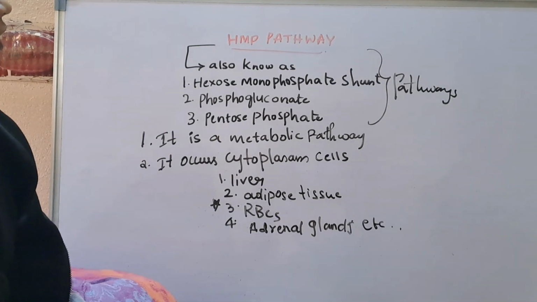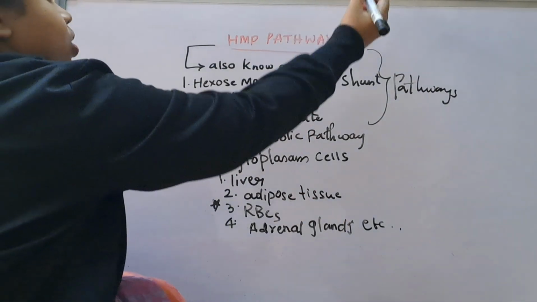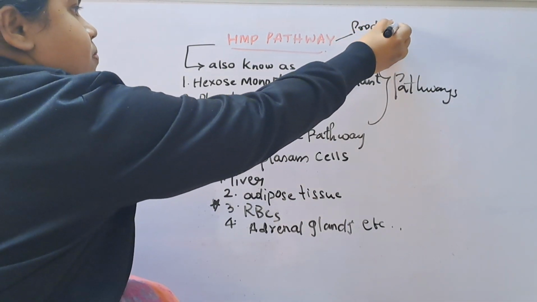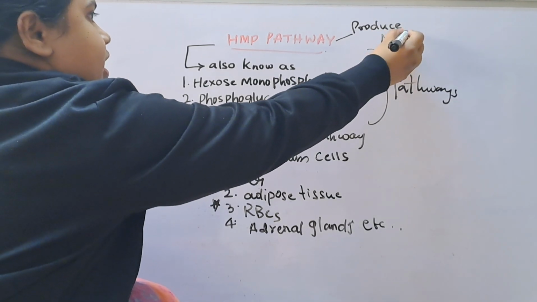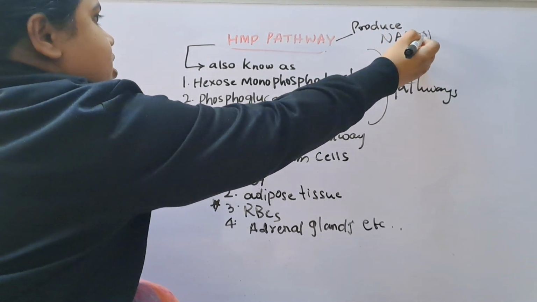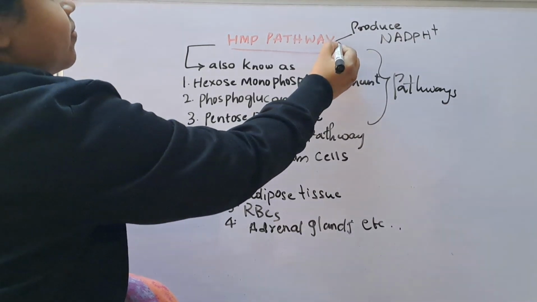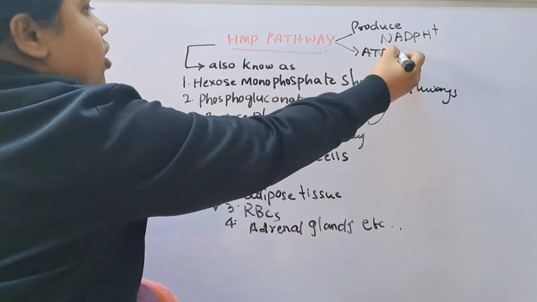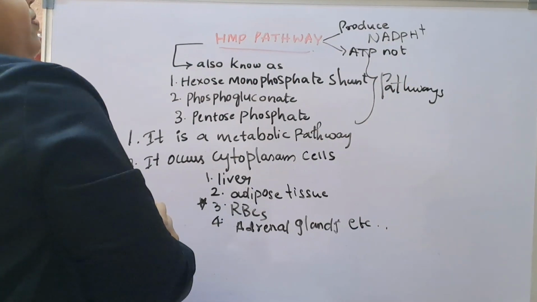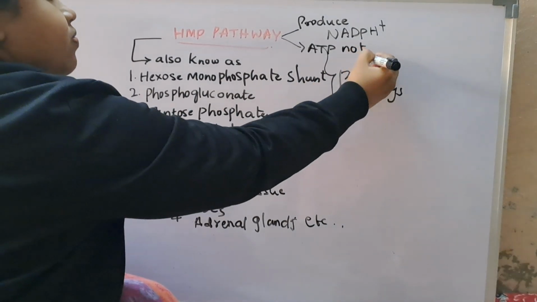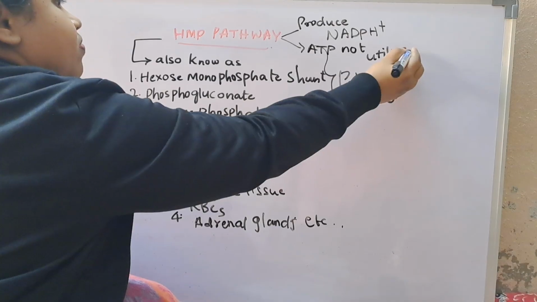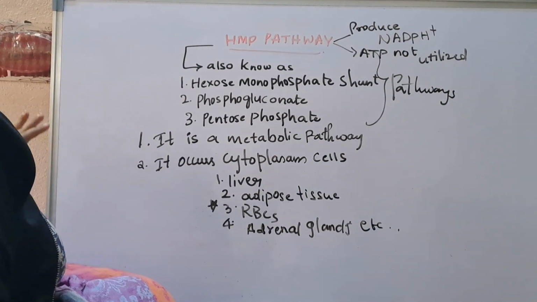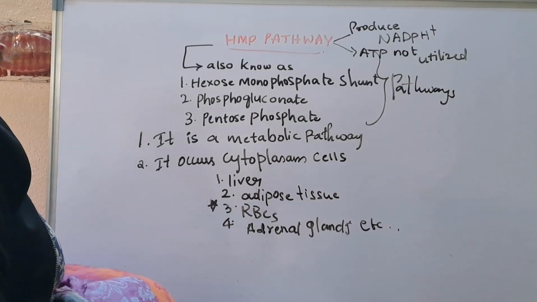The main purpose of the HMP pathway is to produce NADPH plus, and here ATP is not utilized. So the main purpose of the HMP pathway is to produce NADPH plus, and here the ATP is not used.